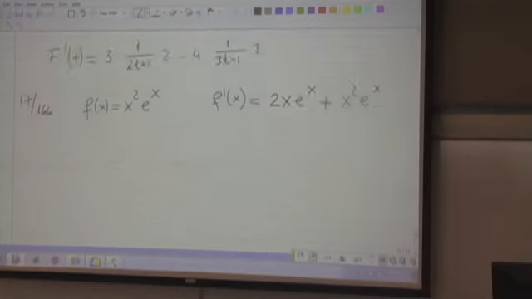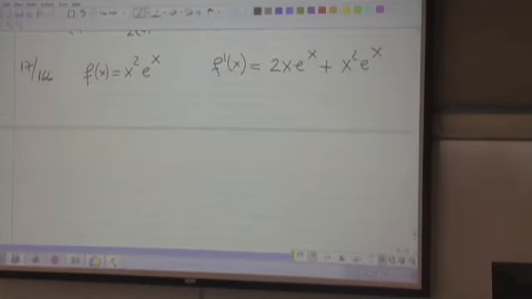Let's see. How about 21? Y equals x e to the minus x squared. So what is the derivative?